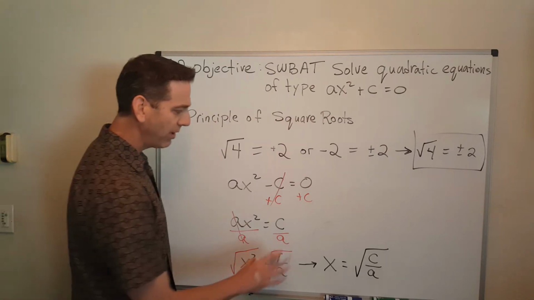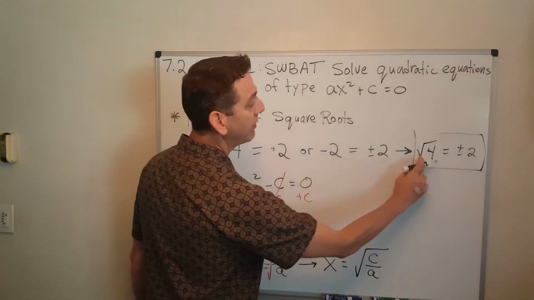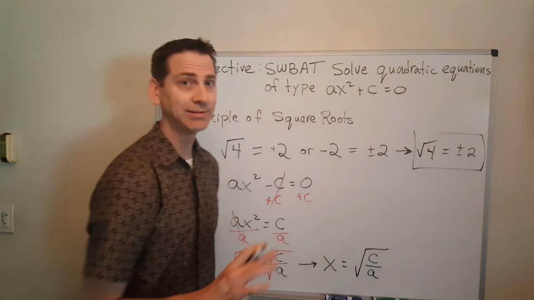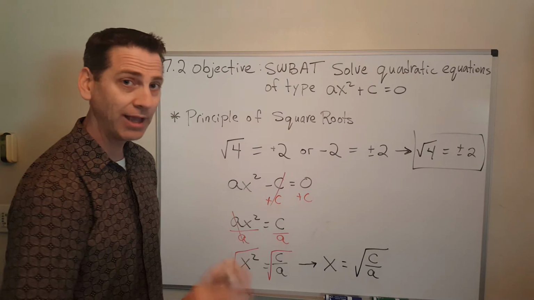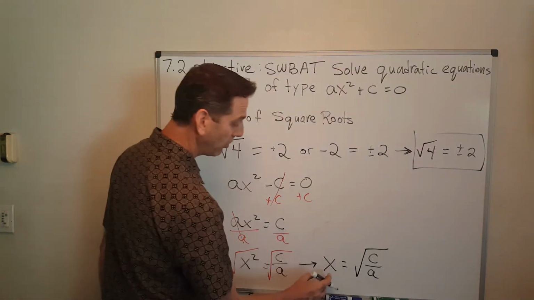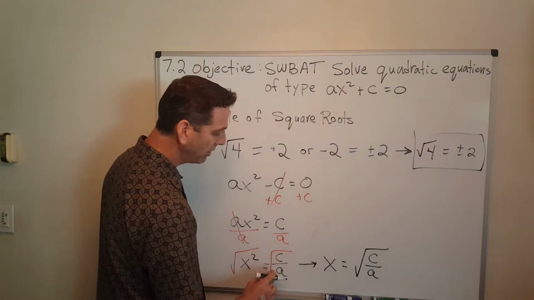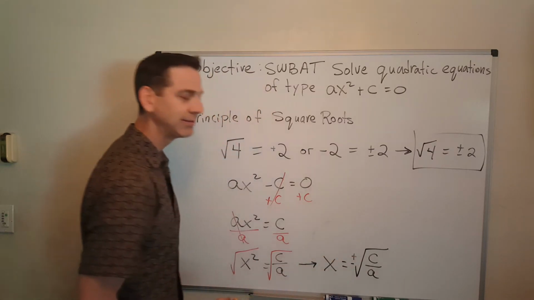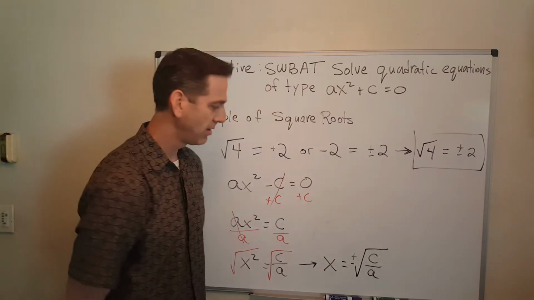But remember, if I have a square root of a number, I'm going to get a plus or minus as my solutions. So if I'm taking the square root of c over a, I have to go x equals plus or minus the square root of c over a.